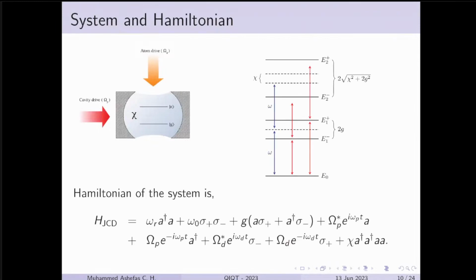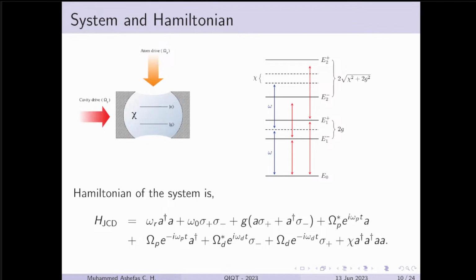Whereas for the two-excitation levels, the energy depends on chi, so their separation increases with chi. That is the highlight of this factor. So even if G is 0, there is a separation between the energy levels. That is what is shown by this dotted line. Even if you put G equal to 0, there will be a separation.